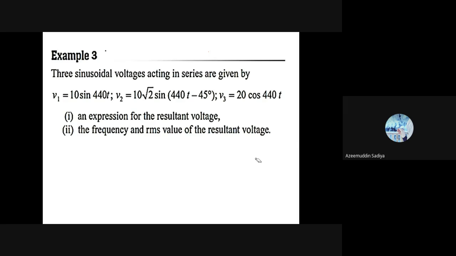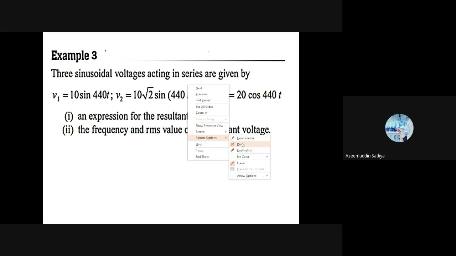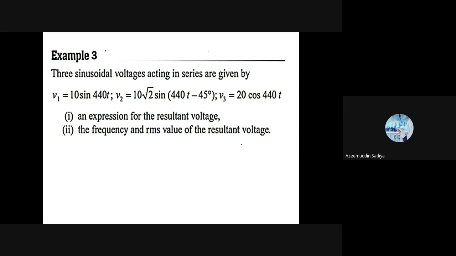No, sir. V3 is not. Have you converted that one? No, sir. Converting. 20 sine of 440 t plus pi by 2. Okay. This one you have to convert, it is not in standard format.